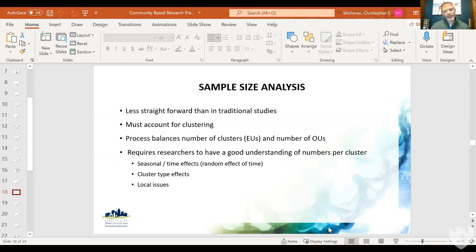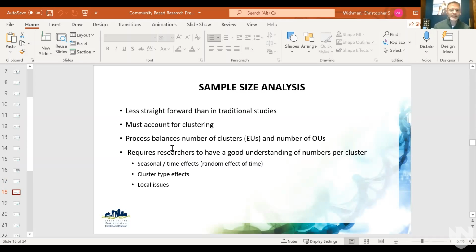When we get into a clustered trial, our sample size analysis is less straightforward than a traditional study, because now we have to account for clustering. Not only are we balancing our type 1 and type 2 error and looking at what kind of difference we expect to see and what the possible values of the variance are, or how imprecise our measure can be, we have to balance all those things together.